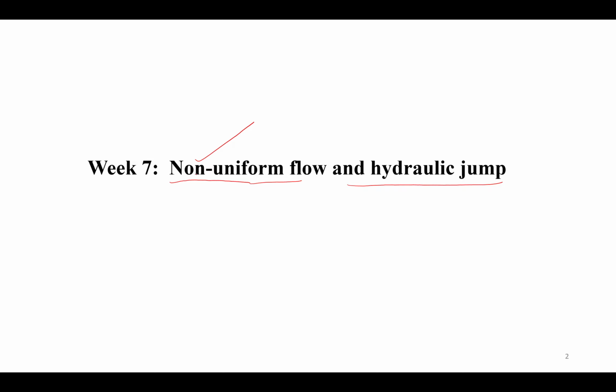Also we derive some formulas or concepts related to non-uniform flow, uniform flow and hydraulic jump. This is a very important topic, from the exam point of view and also the application point of view.